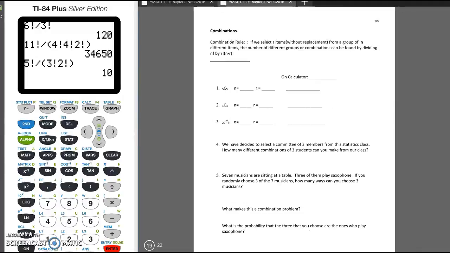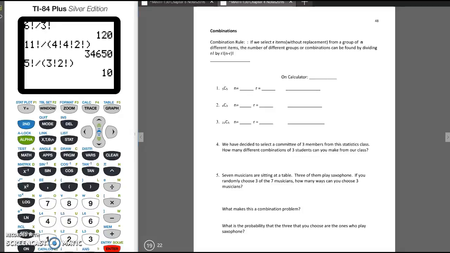So the combination rule: if we select r items without replacement from a group of n different items, the number of groups or combinations can be found by dividing n factorial by r factorial times n minus r factorial.